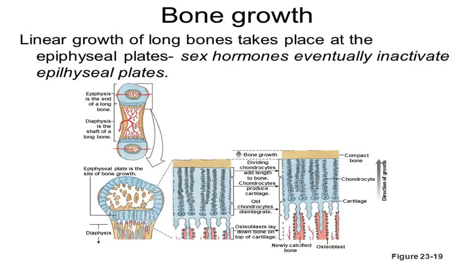You have width growth as well of the bone, but linear growth is mostly by the cartilage, while width growth is mostly by the deposition of osteoid by the osteoblast cells. So linear growth of the bone is also stimulated by sex hormones, which eventually inactivate the epiphyseal plates. That is when the plates become a line.